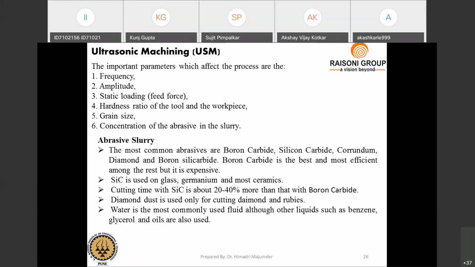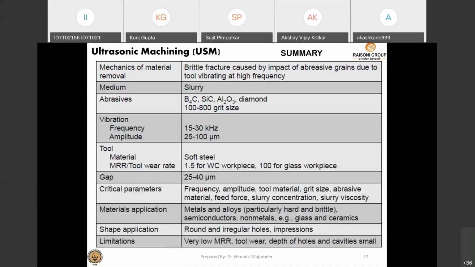To make the abrasive slurry, generally we use water, and along with water we can use benzene, glycerol, and oils also. In summary, from this slide you can find in short the different parameters of abrasive ultrasonic machining and how it works.